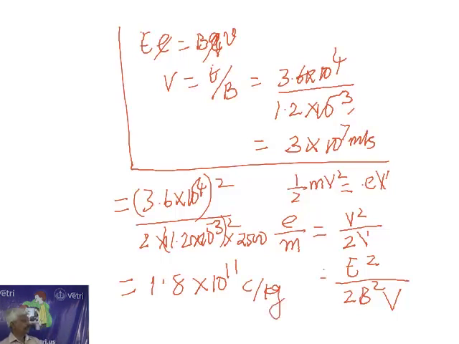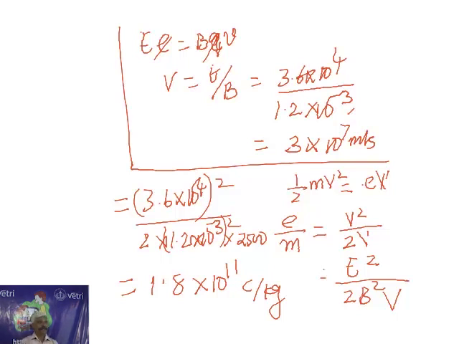Once we calculate the value of e by m, it should be in coulomb per kilogram, of the order of 10^11. We already gave this in the theory itself. So this 1.8 × 10^11 comes like that. With the powers of ten and the 2500 and 1.2, on simplification everything cancels out, and the value should be in the order of 10^11.